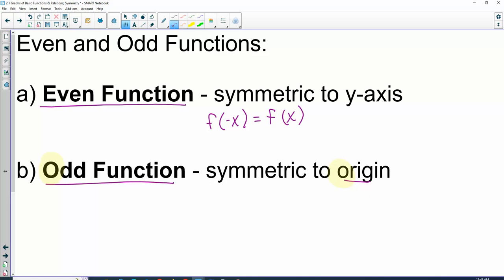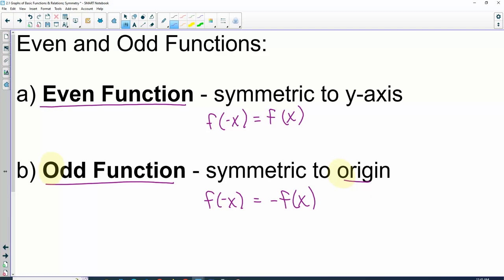If you put in a negative x, you get a negative y. So they are total opposites, both the x and the y change signs. So just another way of referring to symmetry, but specifically dealing with things written in function notation.